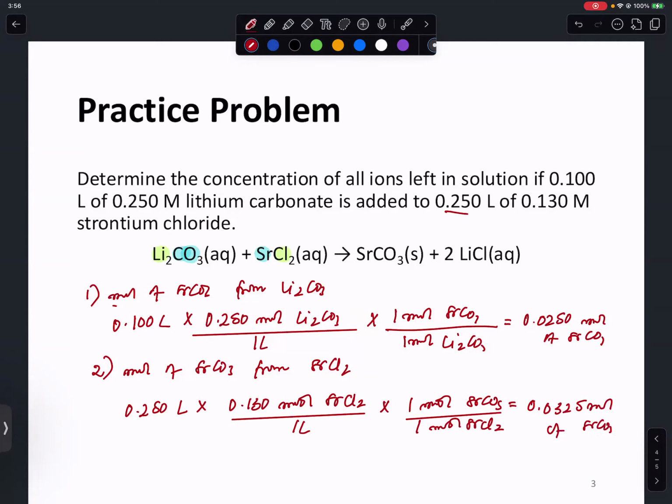Now, looking at the results right here, I can tell that in this case, lithium carbonate is going to be my limiting, and strontium chloride is going to be the leftover.